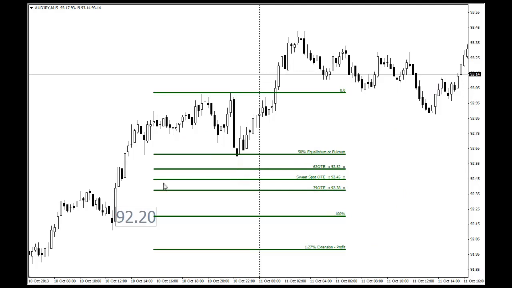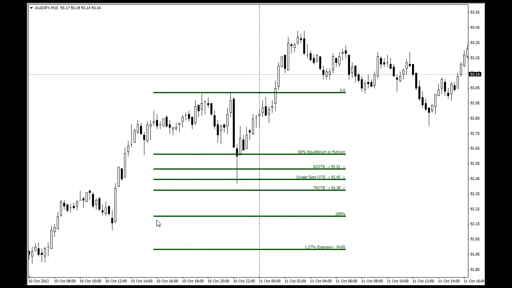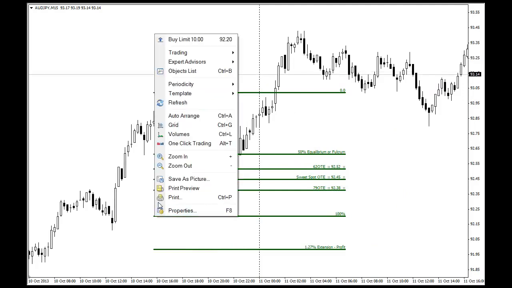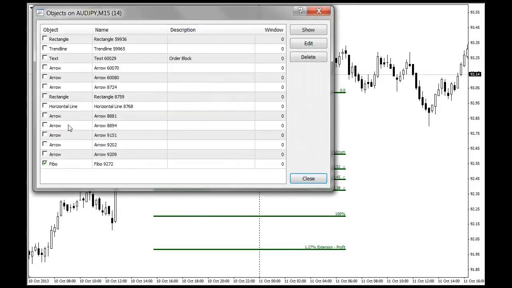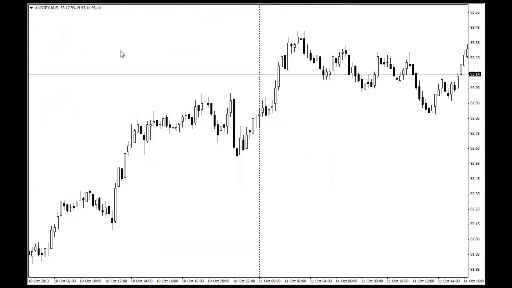Even this example here, we're going to look at here in a second. Get this stuff off the chart. We have another small, even again, this is a 15-minute chart, but if you go down to a 5-minute chart, you'll see this is another order block.